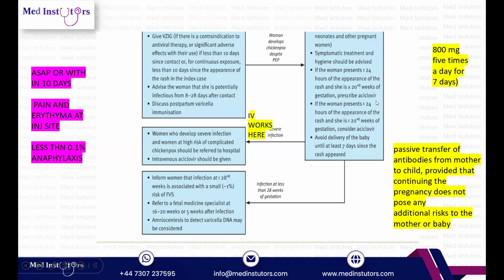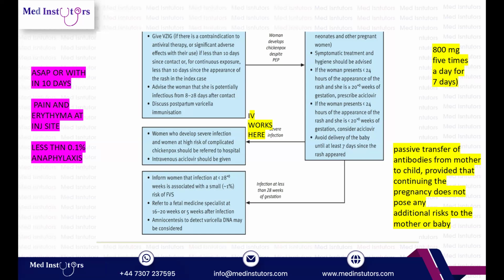But what happens if she is less than 20 weeks? Consider acyclovir. So remember these words: if it is greater than 20 weeks, prescribe; if it is less than 20 weeks, consider acyclovir. And remember to avoid delivery of the baby until 7 days since the rashes appeared. Why is it so?